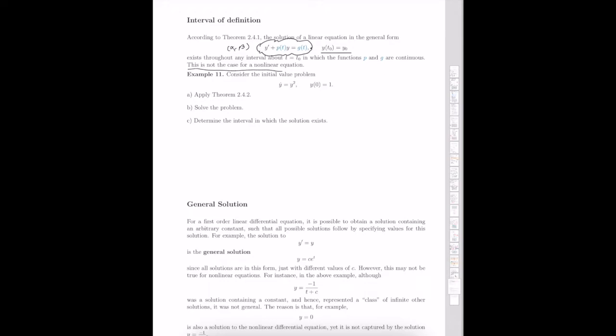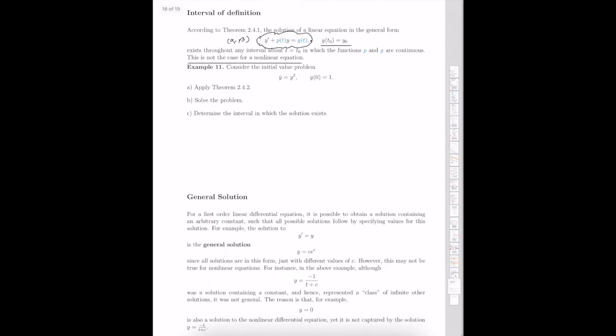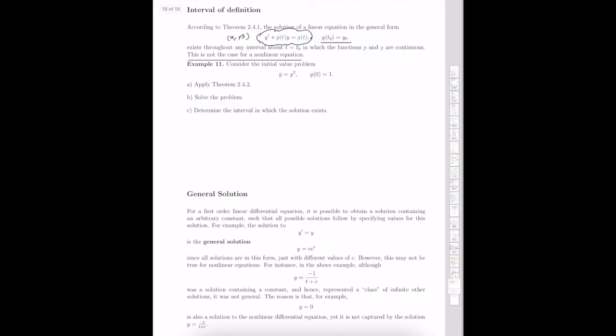But, well, this does not hold for nonlinear equations. Okay, it no longer holds. To see this, let's proceed to this example. We have y dot equal to y squared with the initial condition y(0) equal to 1. So the first part says apply theorem 2.4.2.